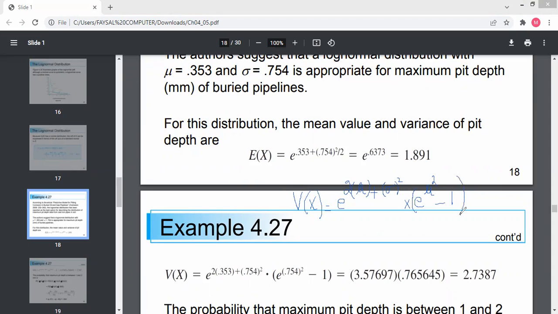Okay, so this is the formula. You have to remember it. After applying the formula, it will be easy to compute all the values.